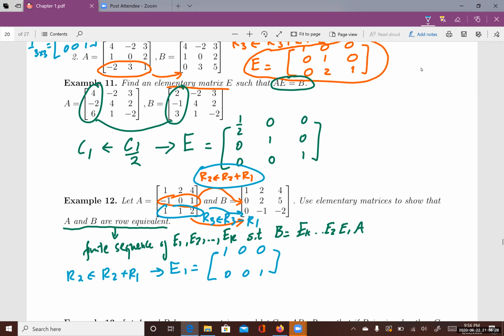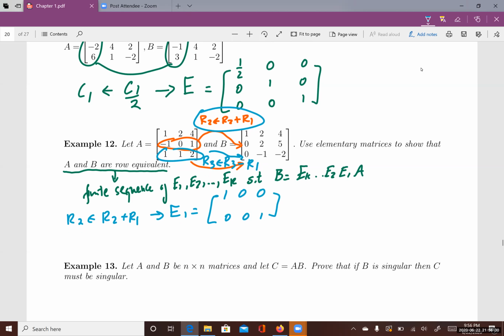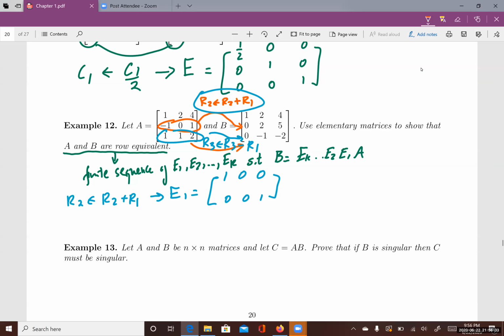And again, I always want to start with an identity matrix here, so then it's easier for me to do row operations on this matrix. So rows 1 and 3 are the same. R2 plus R1, 0 plus 1 is 1, and 1 and 0.